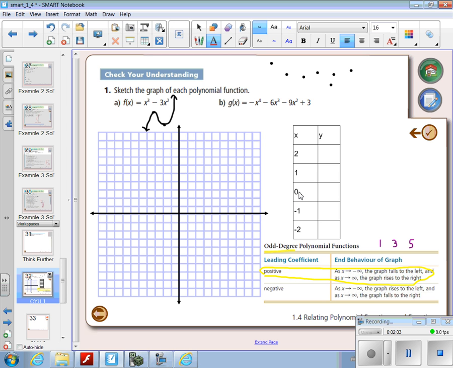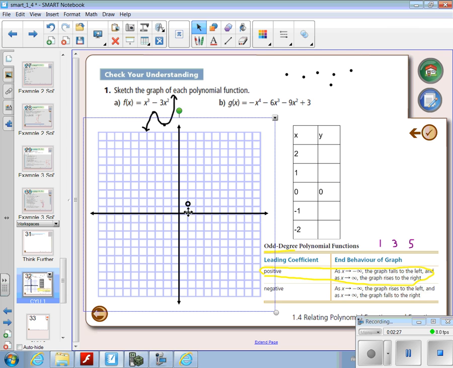So I'm going to start with the y-axis intercept. X is 0. So on my table, I need to find out what this y value is. When x is 0, it would be 0 cubed minus 3 times 0 squared, which is obviously 0. So I'll label that point right here at the origin.